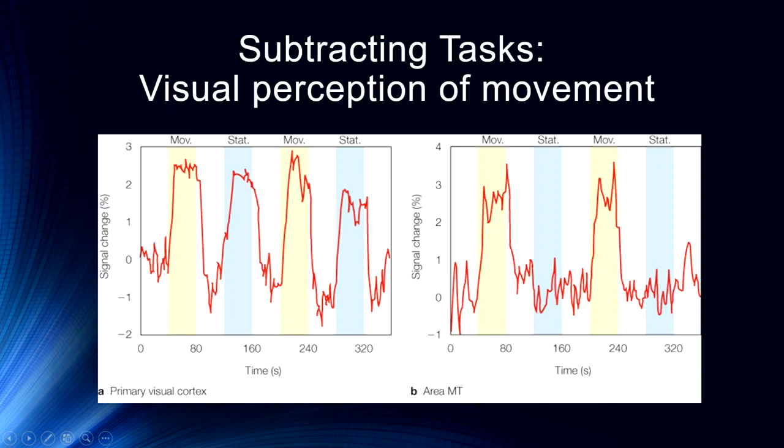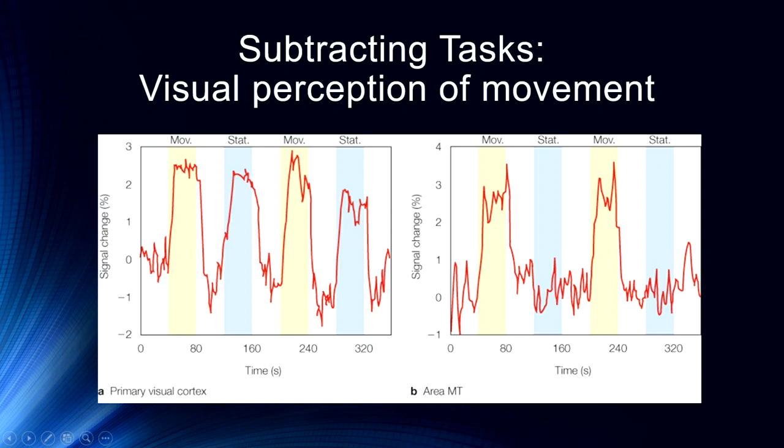Because we're interested in movement, we're going to take the movement and subtract the static trials. What that's going to do is we're going to get nothing in the primary visual cortex. It's involved in motion, but it's also involved in just static perception. So it's not involved in the perception of motion. It's just involved in visual perception.